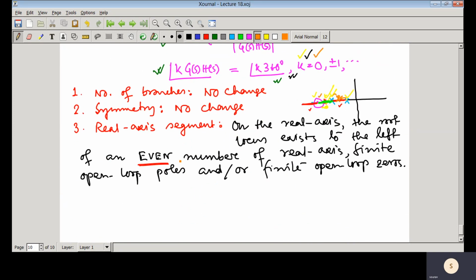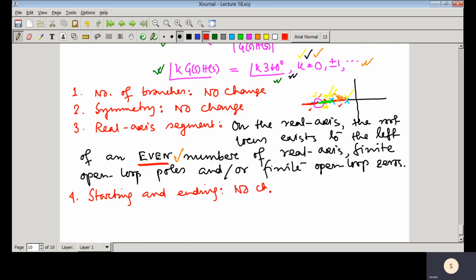So this is that difference, and that difference appears because of this angle condition. So we have seen here that in rule 3 there is a difference whenever we consider positive feedback. And what would be the starting and ending? There will be no change.